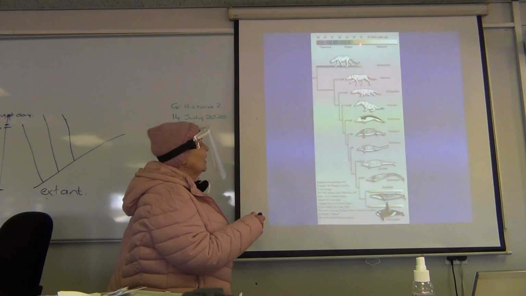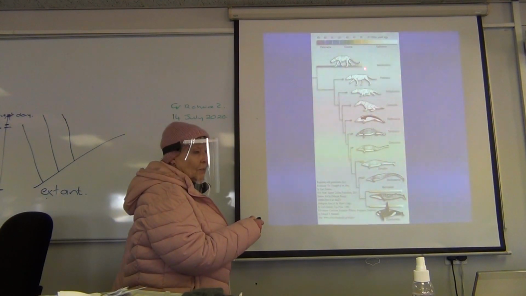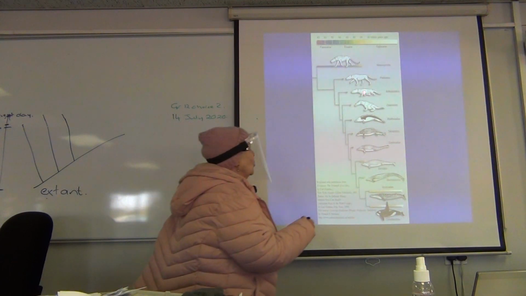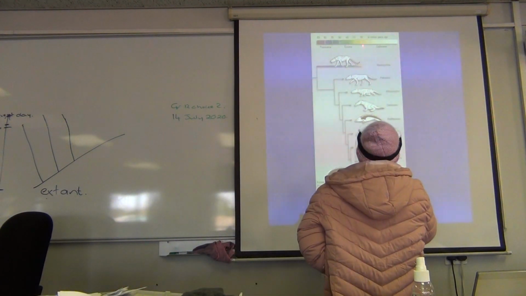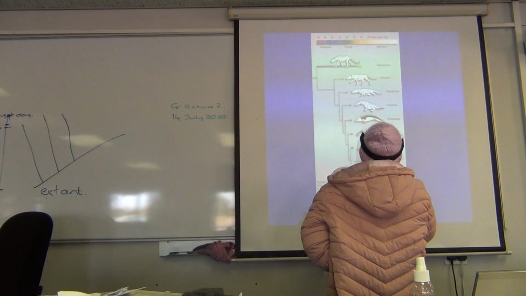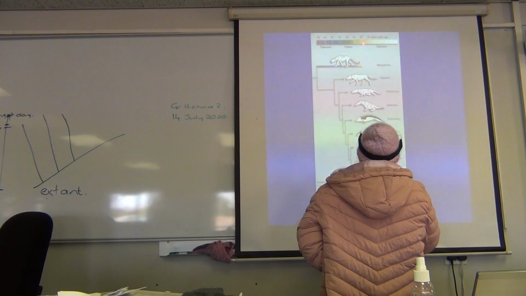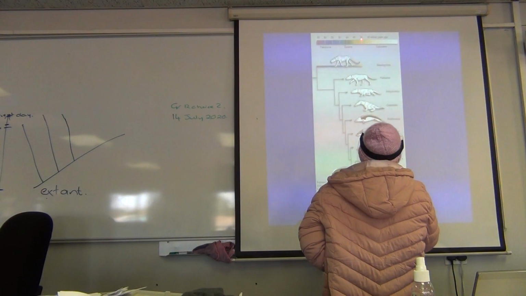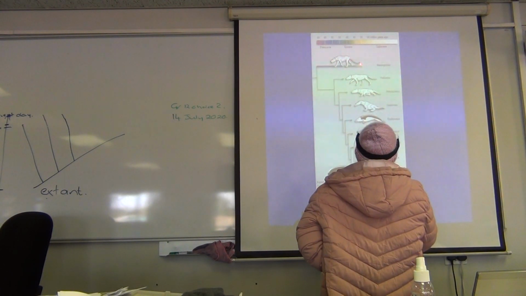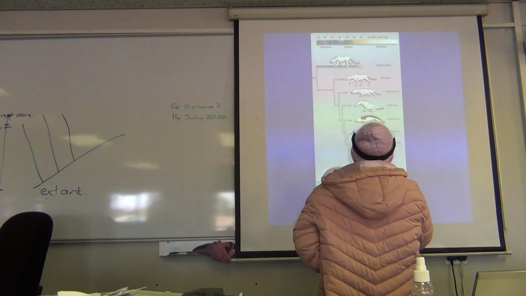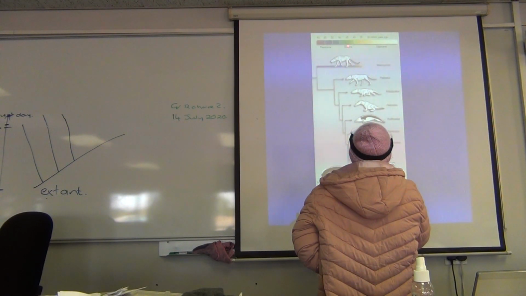Okay? Then I could say to you, when did it become extinct? And you would take a ruler and you would draw straight up here, and you would give a very, very close estimation. You would say in this particular case, 35 million years ago. But some of them, like this one, is going to go between 50 and 45 million years ago.